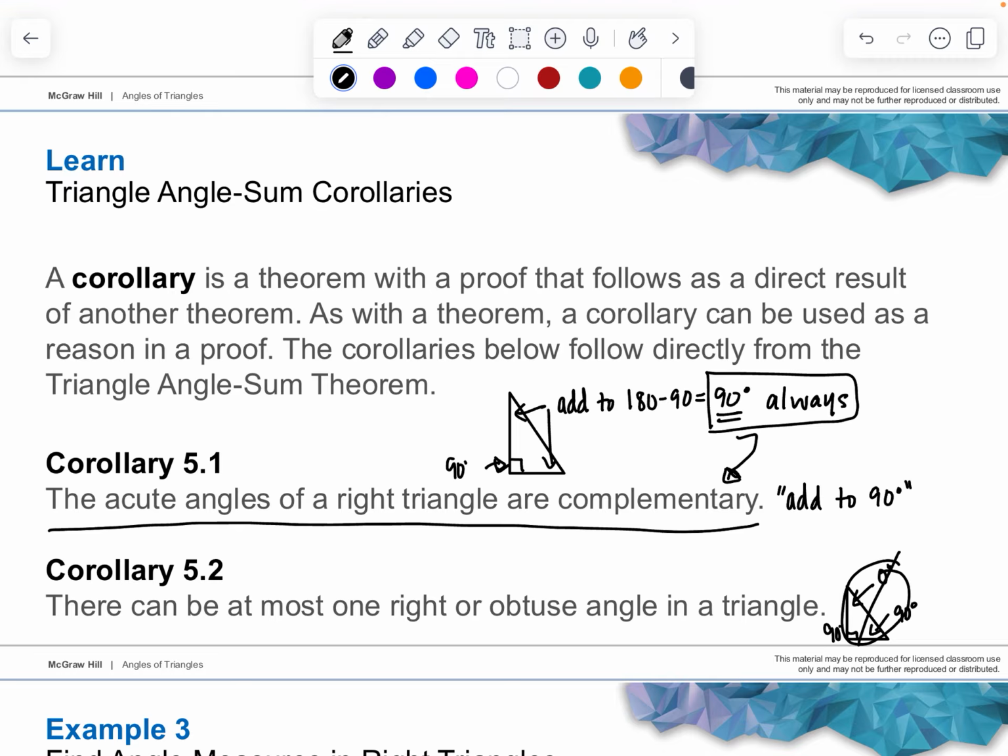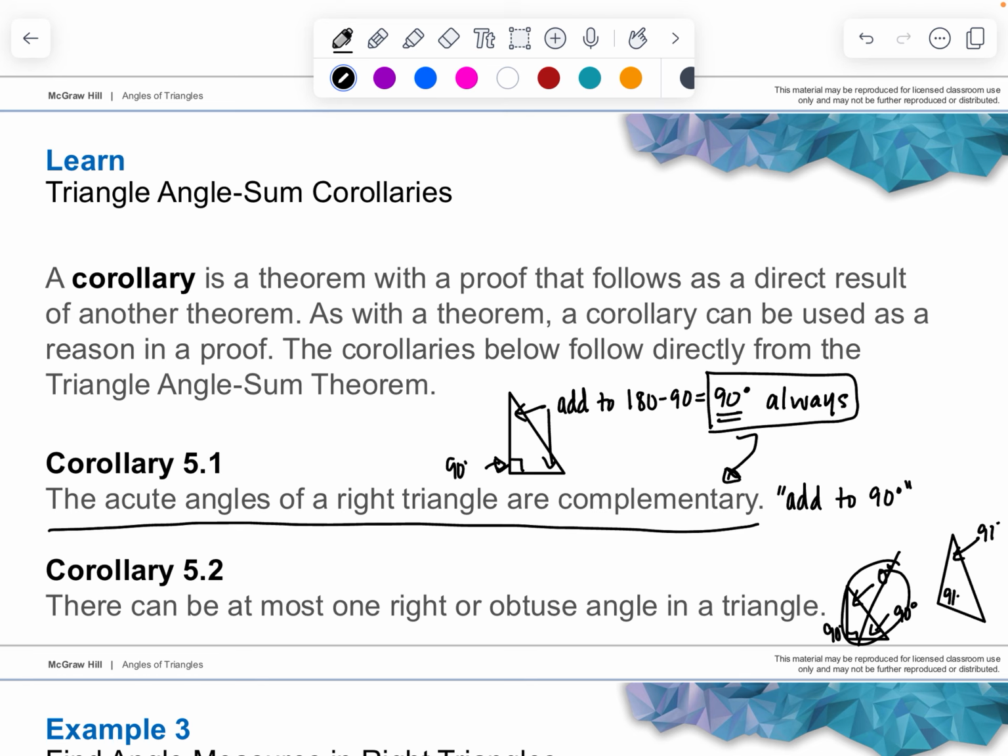Okay. And then let's do an obtuse. That's definitely obtuse. And let's make this 91 degrees. Can I make this one also 91? No. It's impossible.